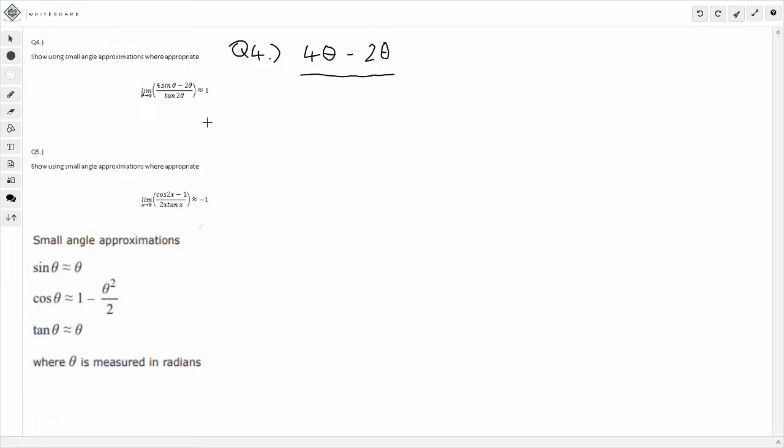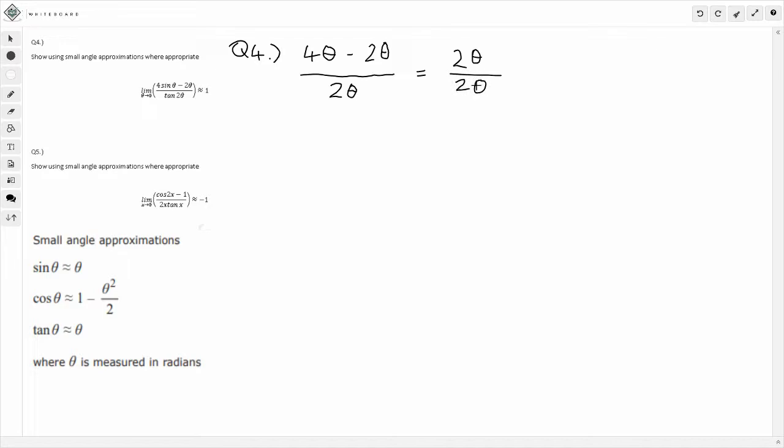We have tan 2 theta on the denominator, so where you've got a theta here, if you replace it with 2 theta, it's approximately equal to 2 theta as well. So that's divided by 2 theta. Let's simplify this. 4 theta minus 2 theta, nice and easy, 2 theta, divided by 2 theta again.